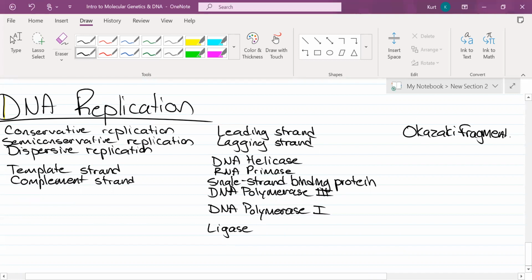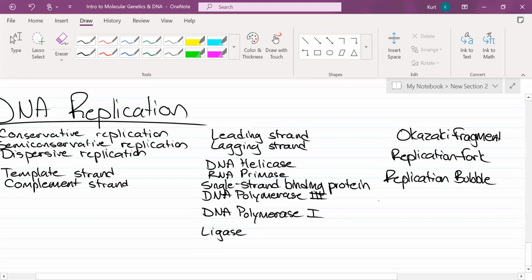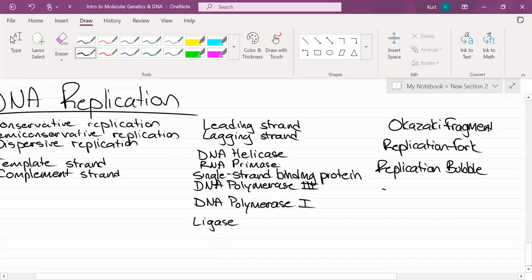Let's see, what could I be missing? Ooh. Replication bubble, replication fork. Let's see. 5 prime, 3 prime.